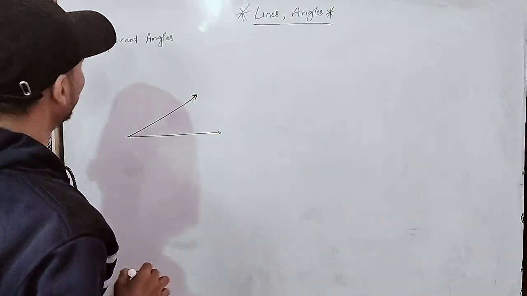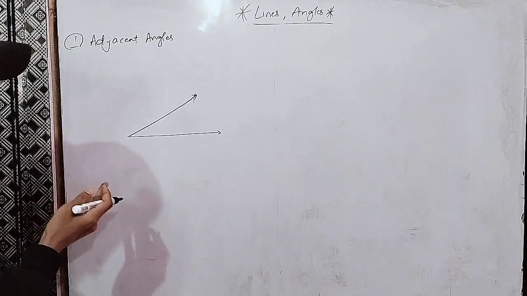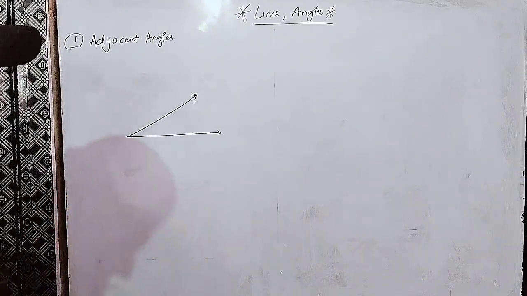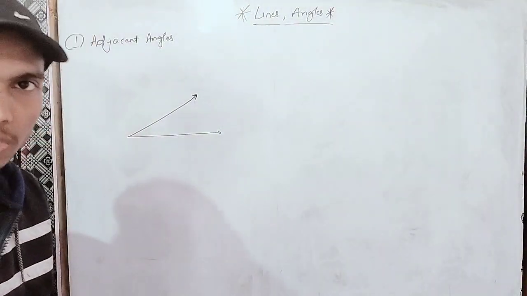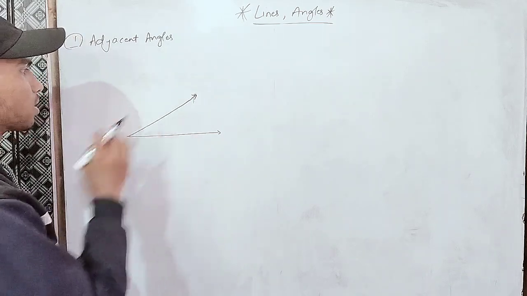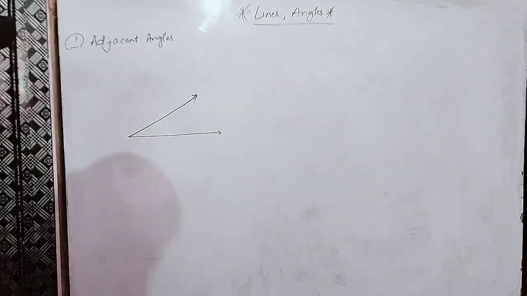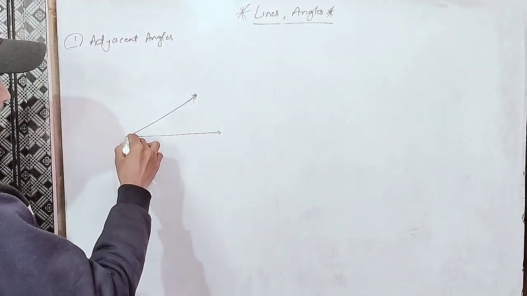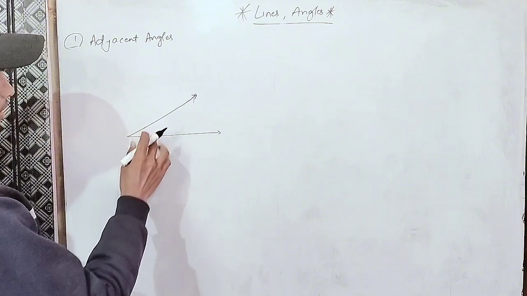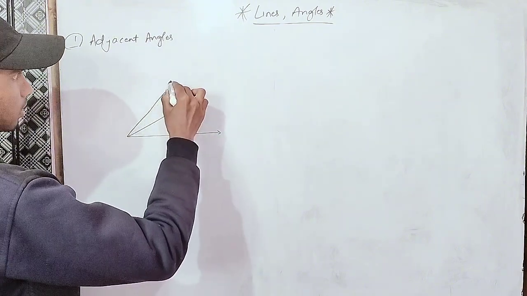As well as we will try to understand arms. So we can say this is also R. This is R of angle. Okay. Now we have this.